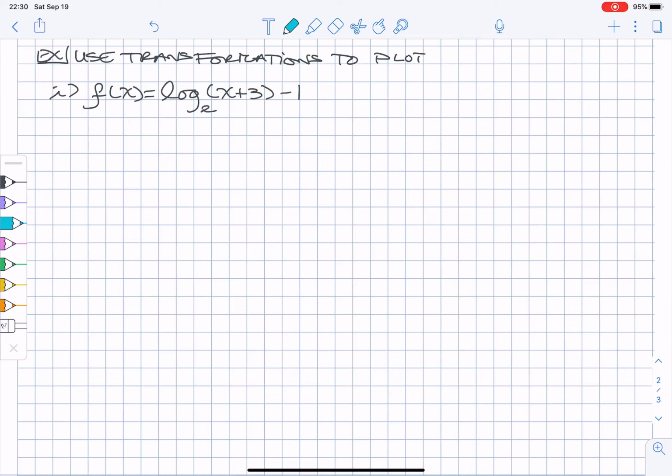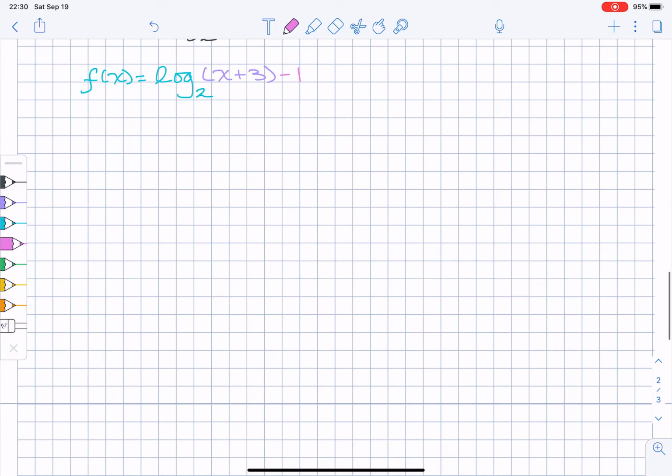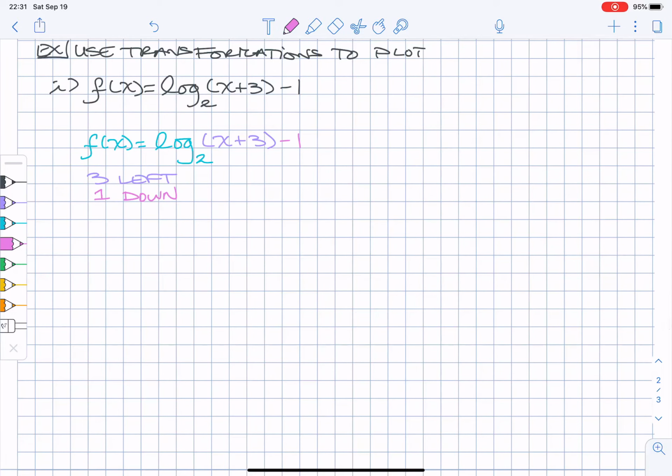So f of x is equal to log base 2 of x plus 3 and then minus 1. So I claim that this is 3 left and 1 down.